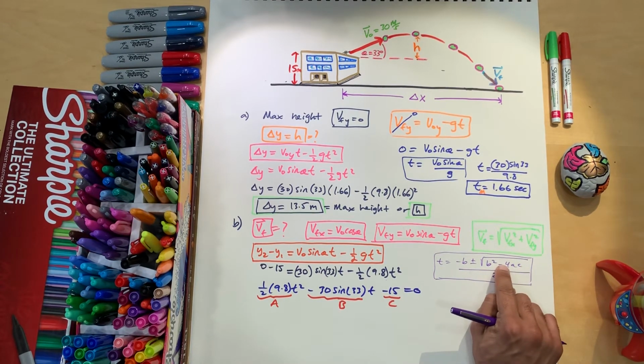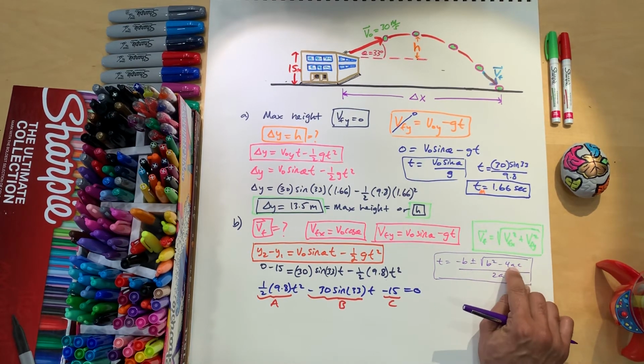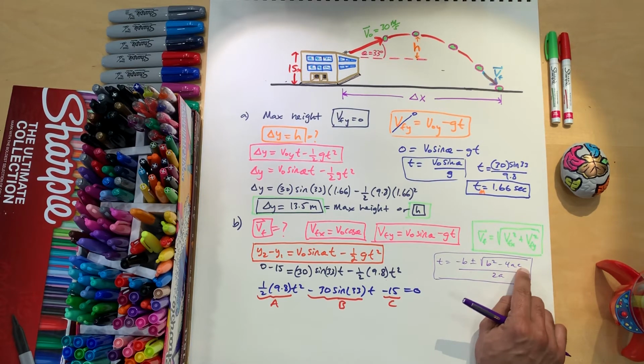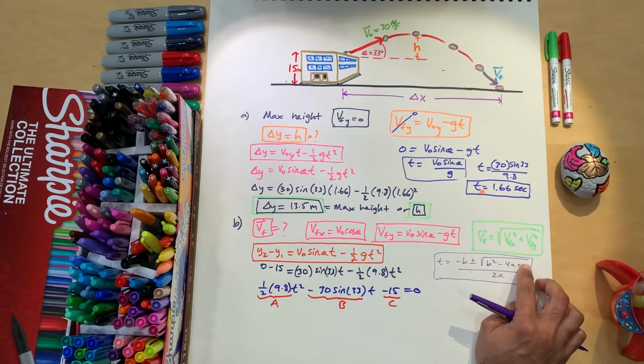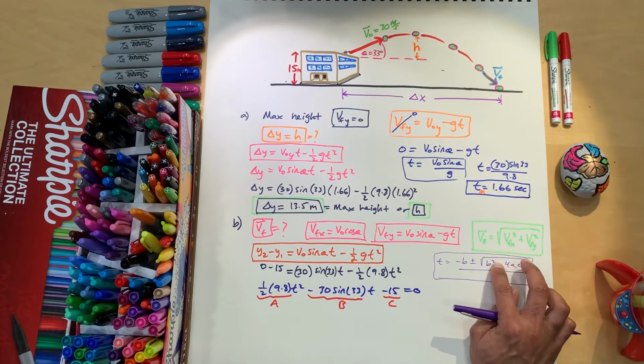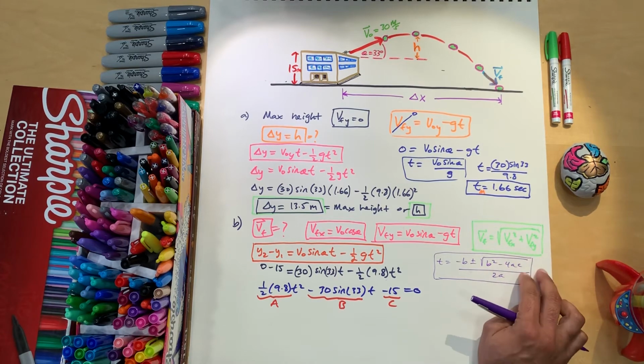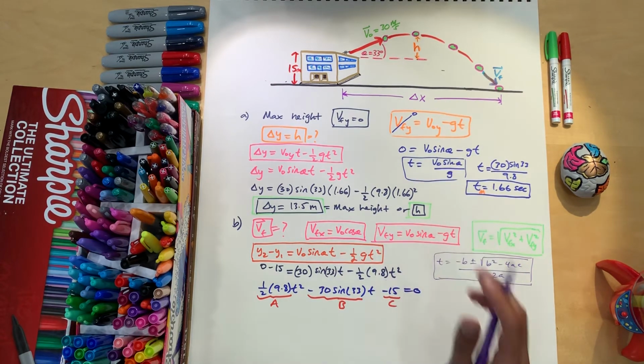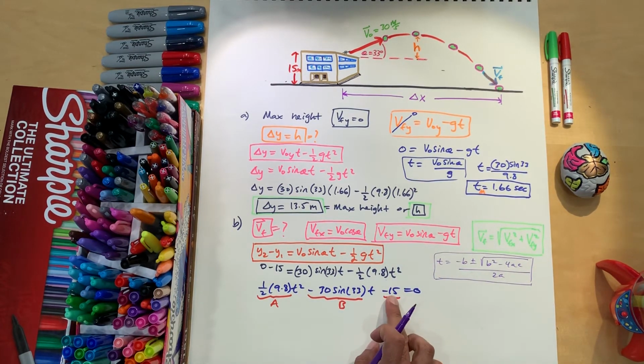So plug in the values. Remember that this is negative 4 and AC. One of these is going to be negative, making this term positive. Always. You're never going to have a negative under the root. We're not doing imaginary numbers. So if you have a negative under the root, you're doing something wrong, so check the signs.